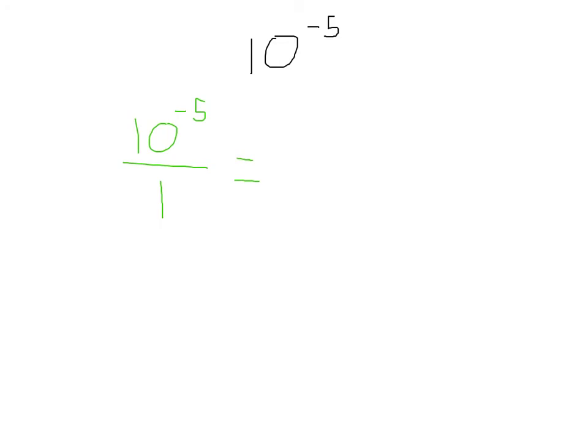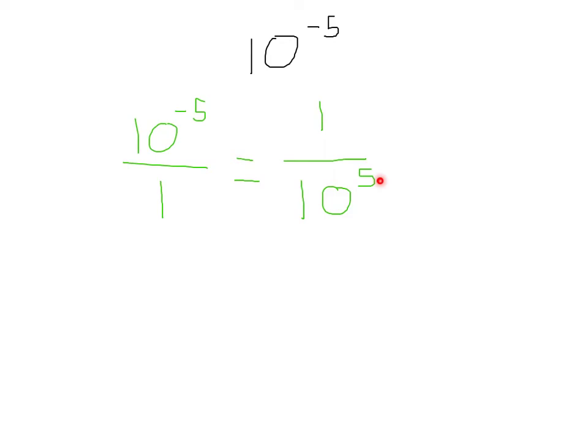How could we express this positively? If we remember our last unit, we remember that negative exponents can be expressed positively if we flip our fraction. So the equivalent to 10 to the negative 5th power is 1 over 10 to the positive 5th power.